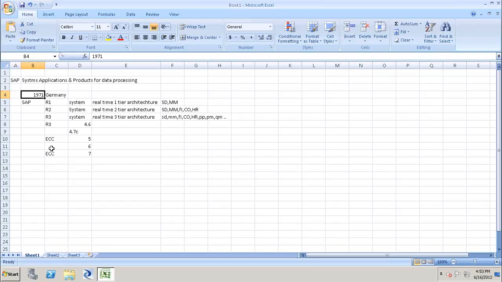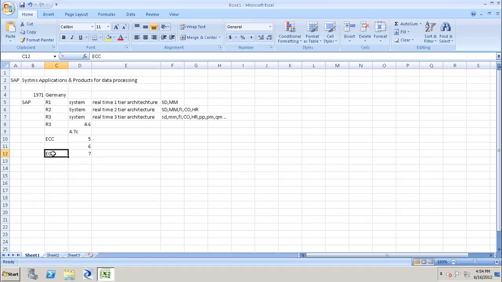So if I have a business where I am going to do sales, production, finance, and purchasing transactions, I can log into SAP ECC and perform the same transactions there.